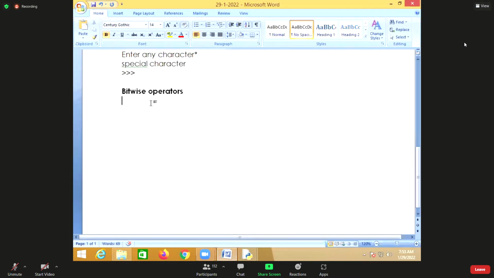Bitwise operators are used to perform which operations? You can say binary operations, because these are binary operators.